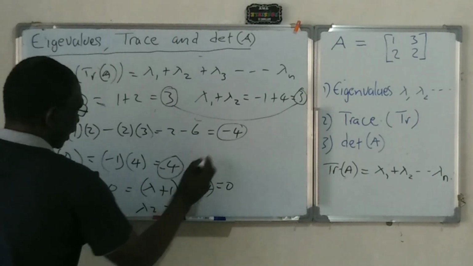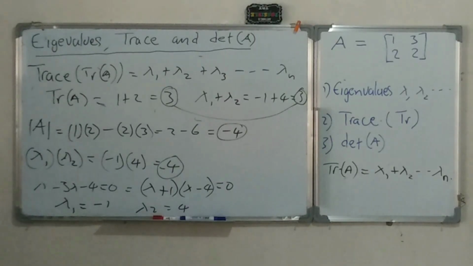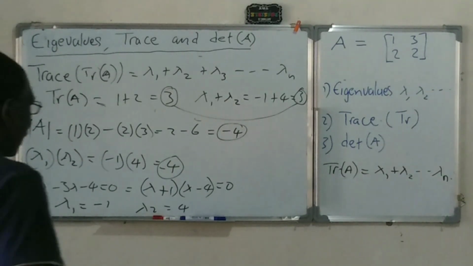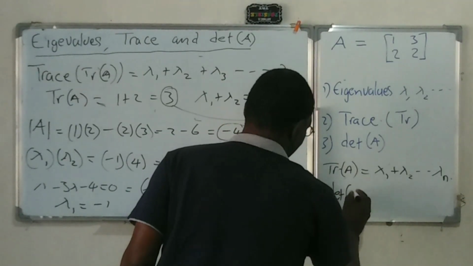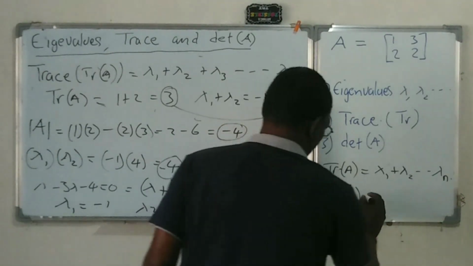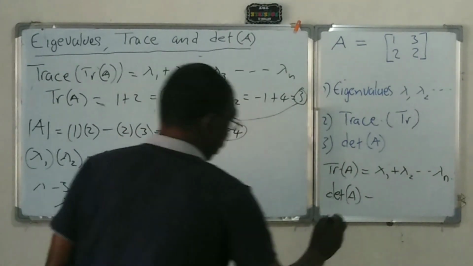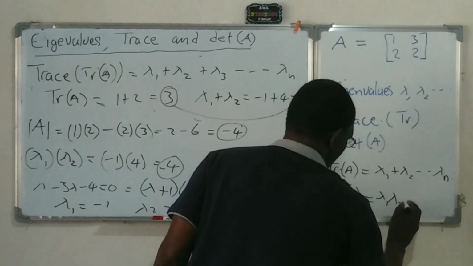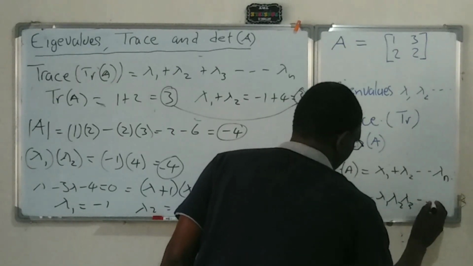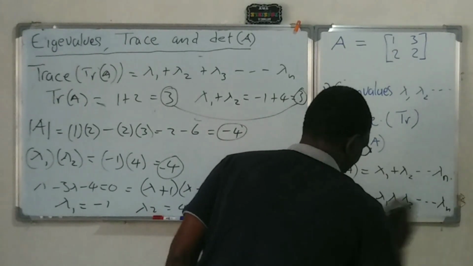So these are equal. So it is true that the determinant of the matrix A, for an n by n matrix, is equal to lambda 1, lambda 2, lambda 3, all the way up to lambda n.